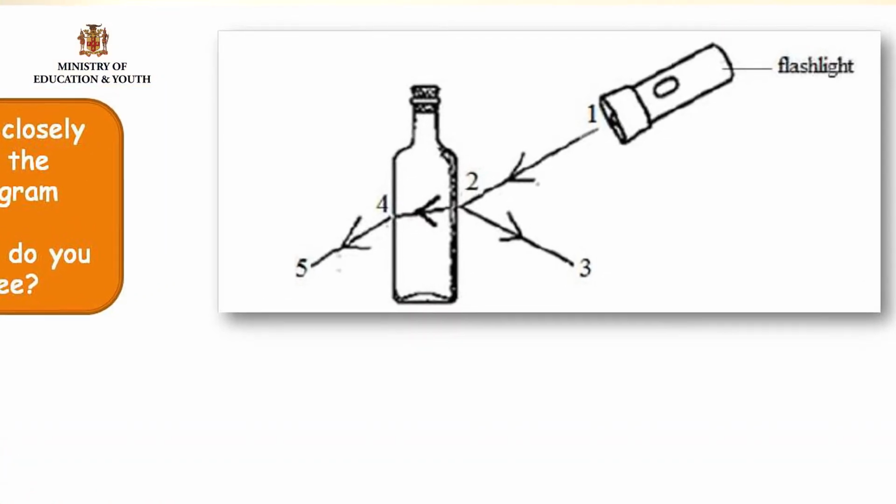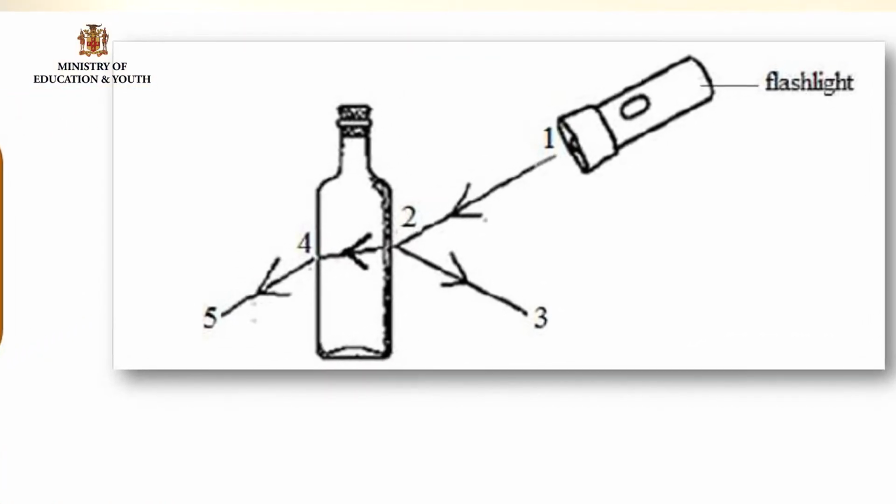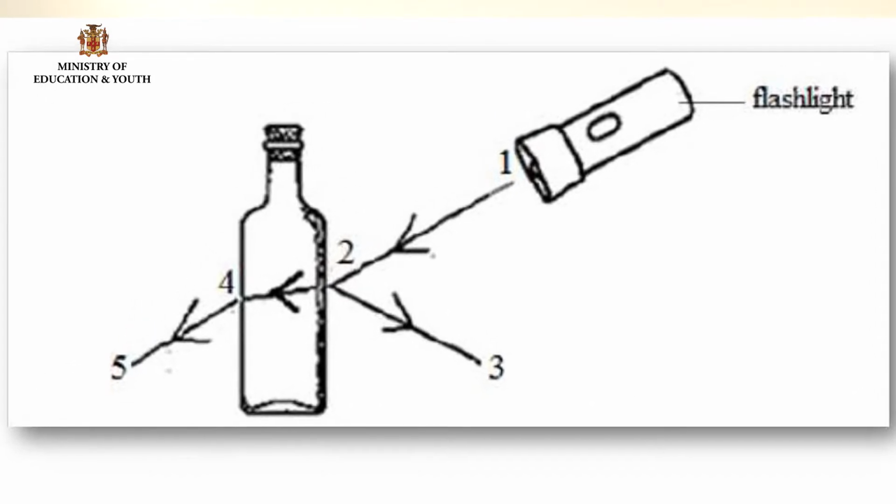The diagram has a bottle, right? Notice we're shining light from a flashlight, and we're noting the path that the light travels. So the path that it travels is shown by a series of arrows. So it starts from 1, right? The light path continues to 2. At 3, we need to identify what is happening to that light ray.